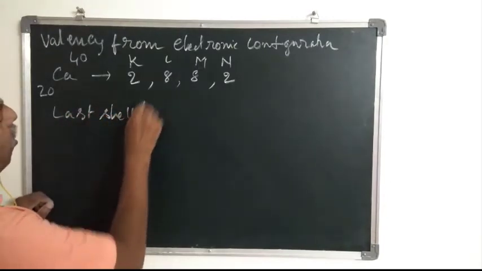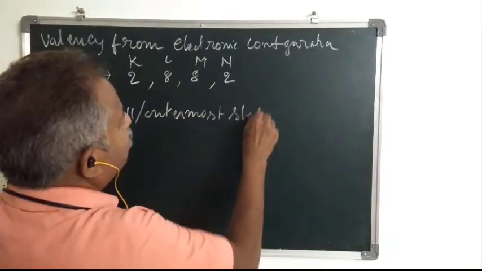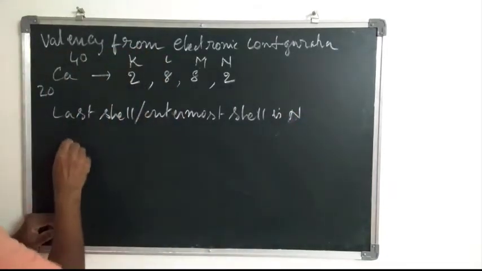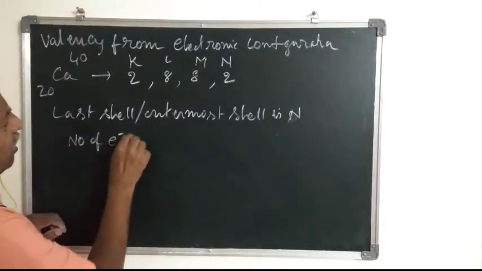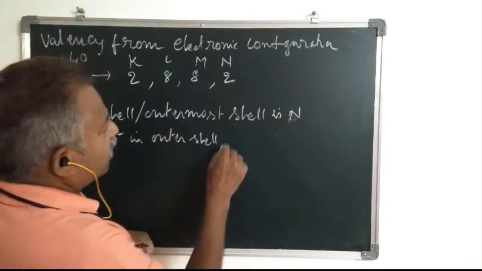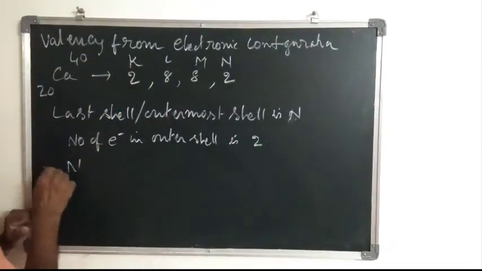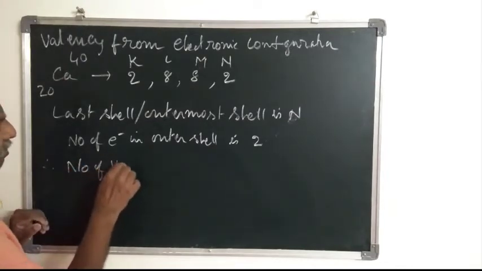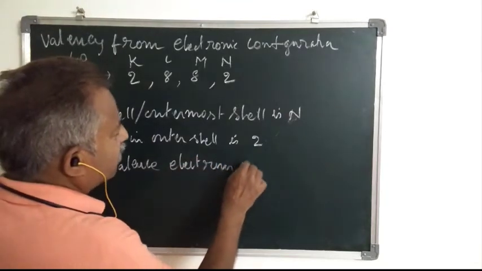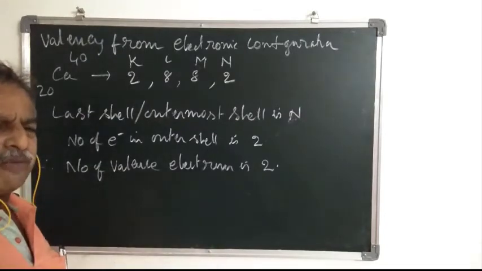Last shell or outermost shell is N. How many electrons are there in the outer shell? Number of electrons in the outer shell is only 2. Therefore, number of valence electrons is 2. Right, so we are able to find the number of valence electrons.